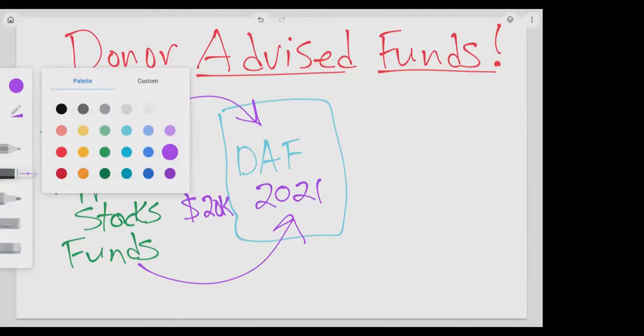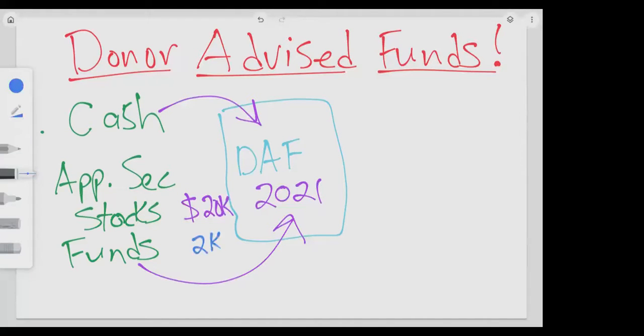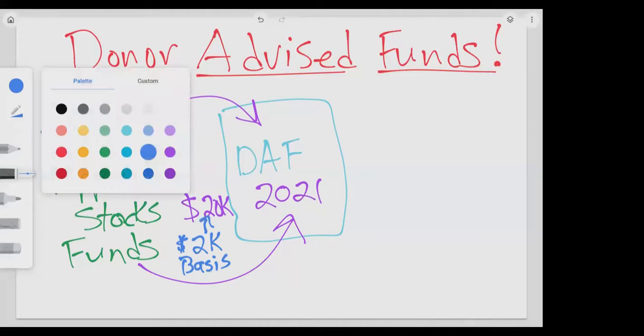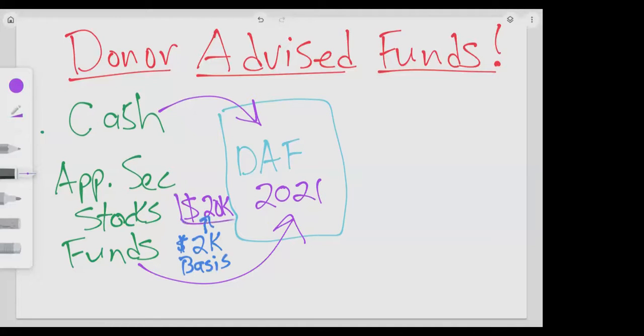Highly appreciated means a basis of 2K. So you've owned this for a long time and it's increased in value from $2,000 up to $20,000. You're then going to put the $20,000 of stock right here, into the donor advised fund.